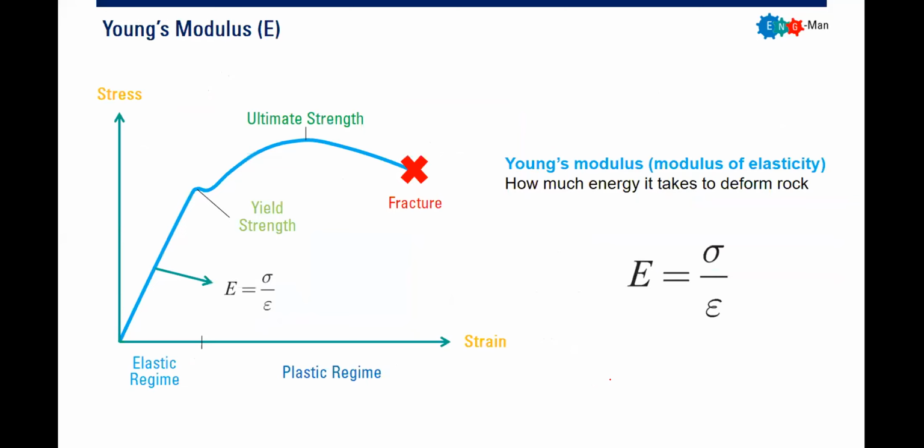And then the second parameter that is also very important is Young's modulus. Young's modulus, or we can also call it modulus of elasticity, is actually how much energy it takes to deform rock, right? Because we want to frac the reservoir, we want to fracture the rock, we will talk about deforming the rock. And the energy it takes to deform rock is called Young's modulus.